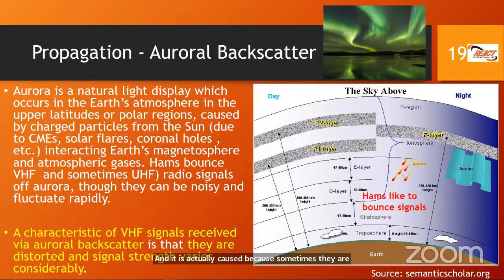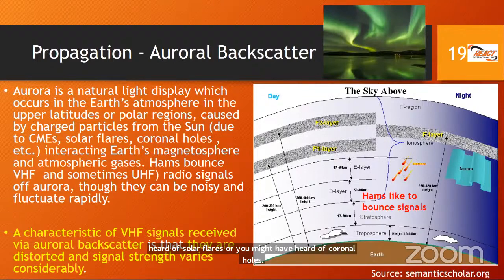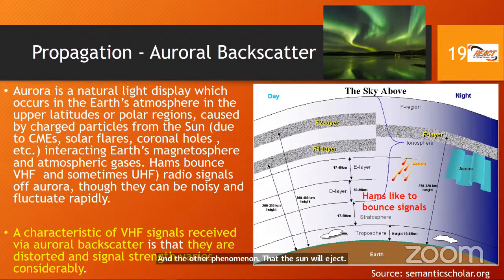So if you have ever heard of a coronal mass ejection, or what is called a CME, or you might have heard of solar flares, or coronal holes, and there are other phenomena that the sun will eject particles such as protons and different charged particles. And when those particles interact with the Earth's magnetic field, you can have a very pretty light display.